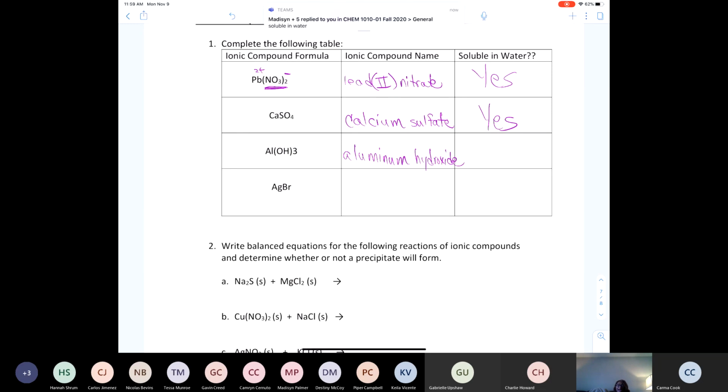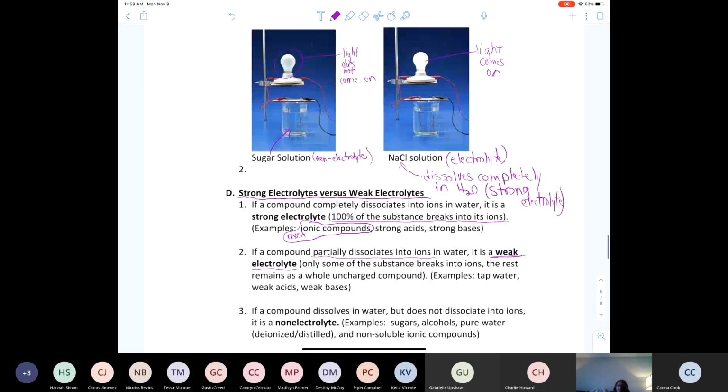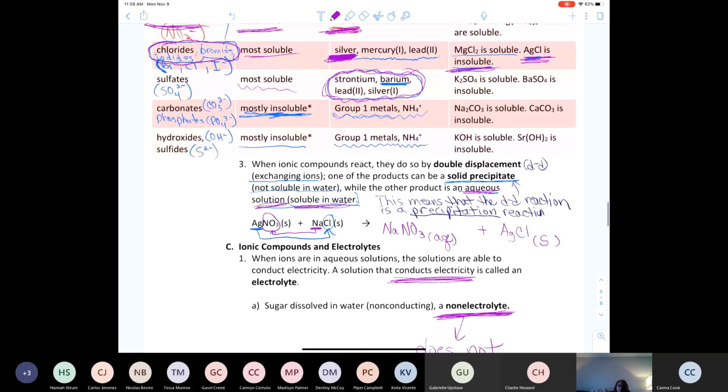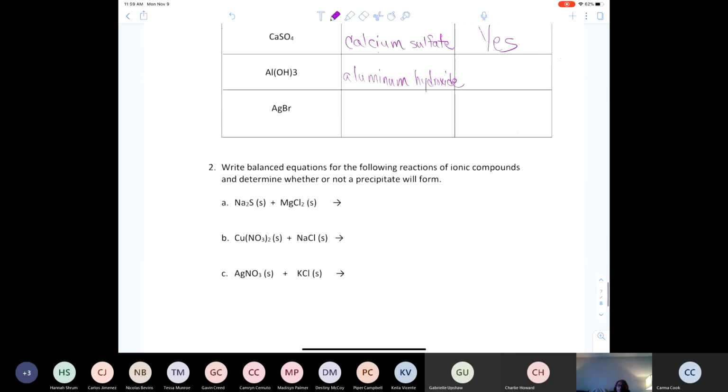What about aluminum hydroxide? What does the solubility rule table tell us about hydroxides? They are mostly insoluble, except for if the OH minus polyatomic ion is paired with a group 1 metal or ammonium. And so I agree, Ewan, it is not soluble.